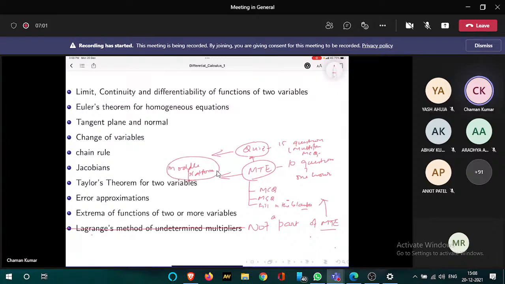If you're not familiar with the Moodle platform, we will have a mock quiz, a mock test, where you can log in and check whether everything is working or not.